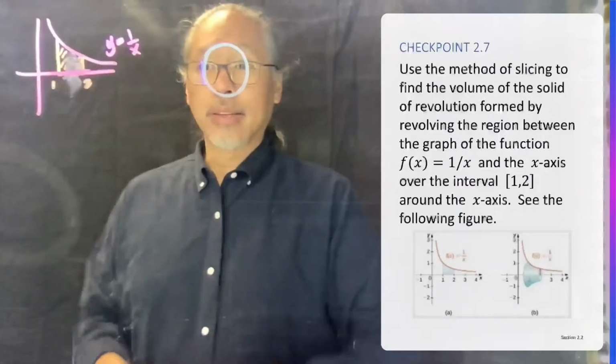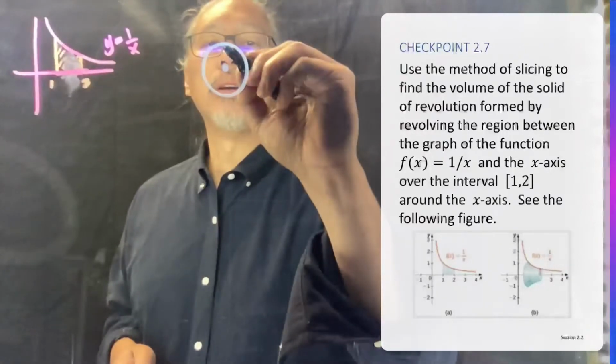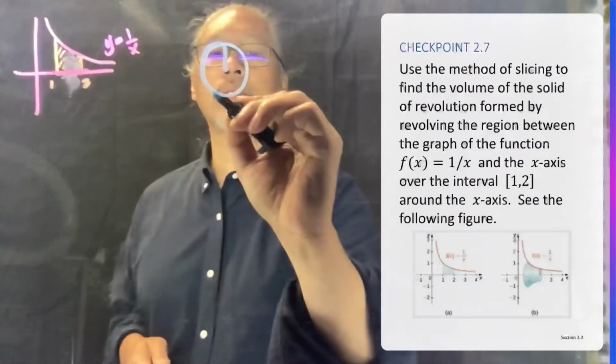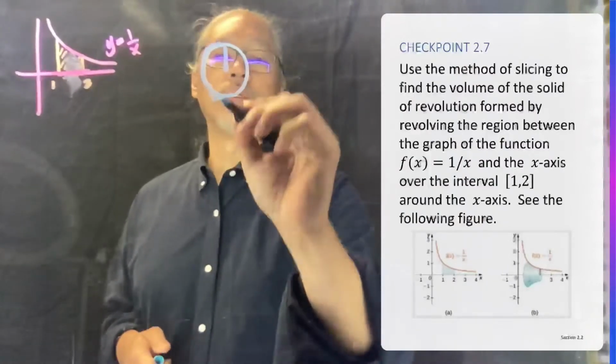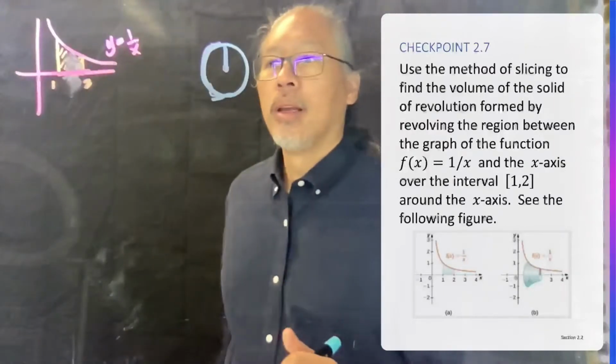And the idea is that the circle has a radius, and it also has a thickness that's going to be your delta x, and that's going to make it into this integral when we stack them all up.